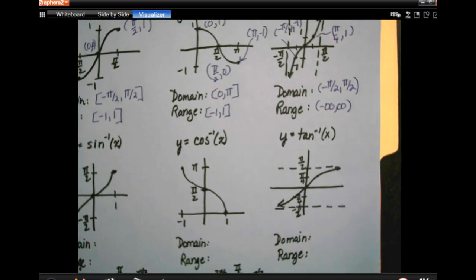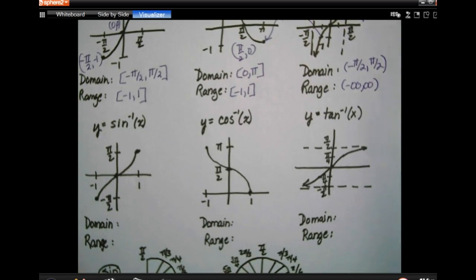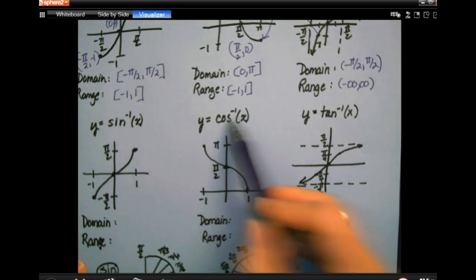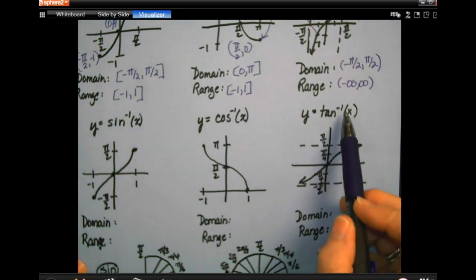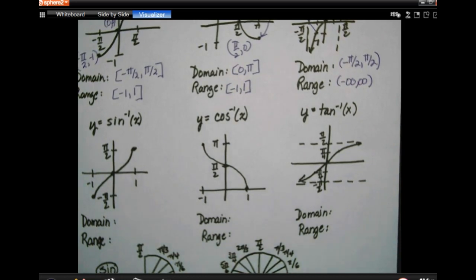Okay, so what we're going to look at is the inverse. The inverse is written like this: the inverse sine, the inverse cosine, and the inverse tangent. When we do the inverse of anything, that means you just switch the x and the y.